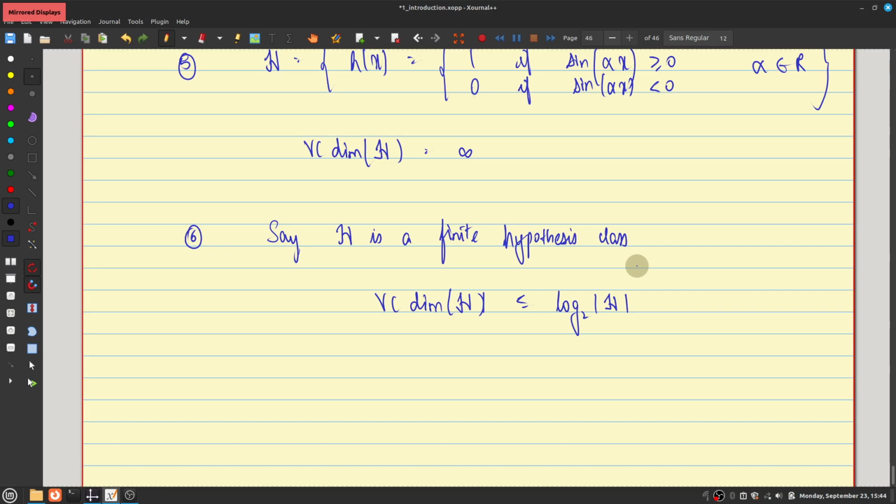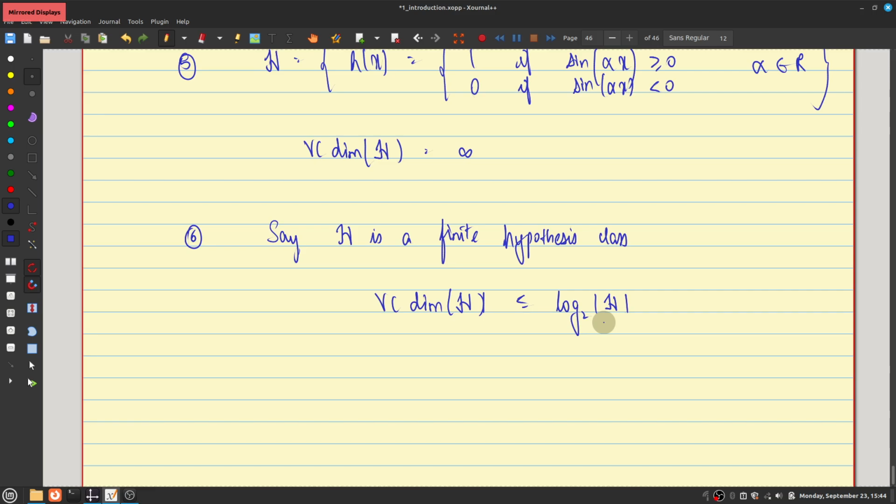Can you repeat? Yes. Then the cardinality of X is... Cardinality of H restricted to X, not necessarily, right? Because log of the size of H need not be an integer.